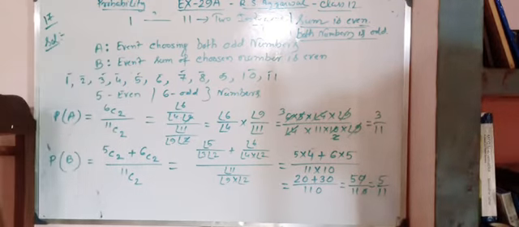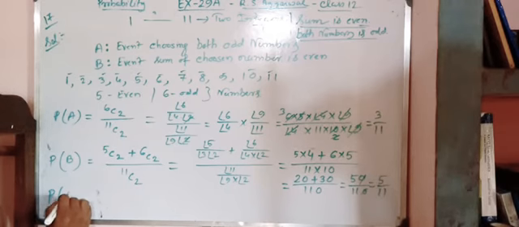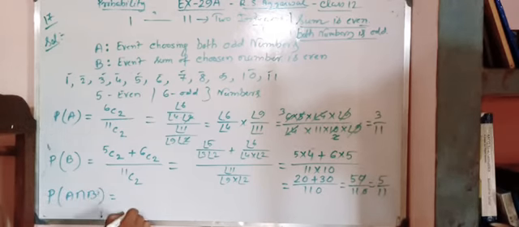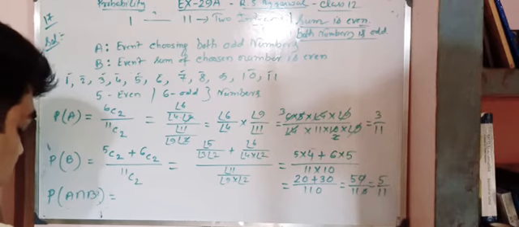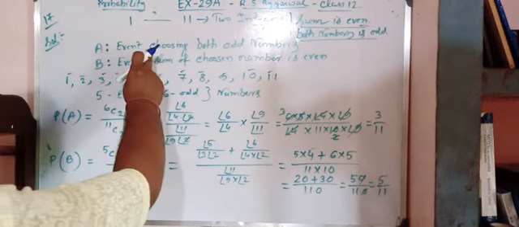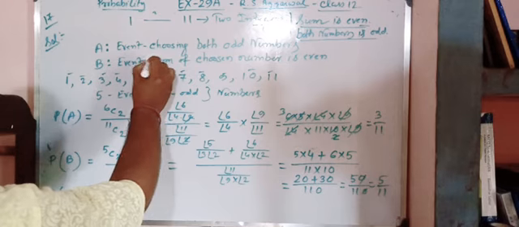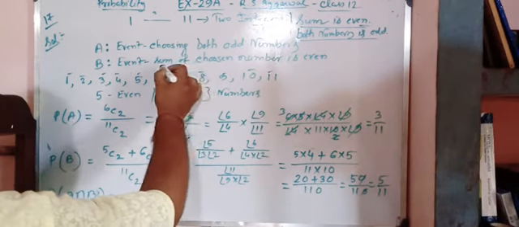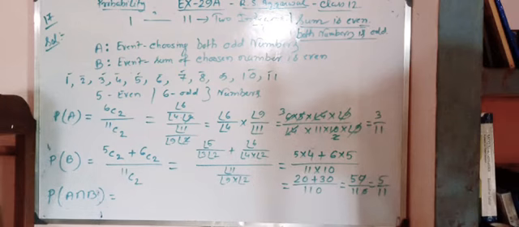And now the probability of A intersection B. What is the probability of A intersection B? That is the event of choosing both odd numbers, and the sum of the chosen numbers is even.